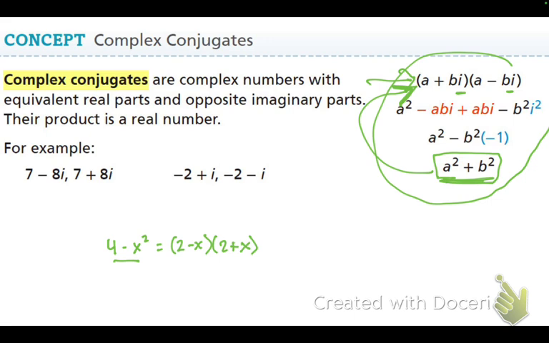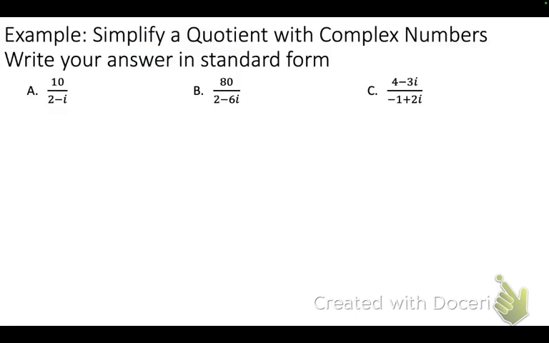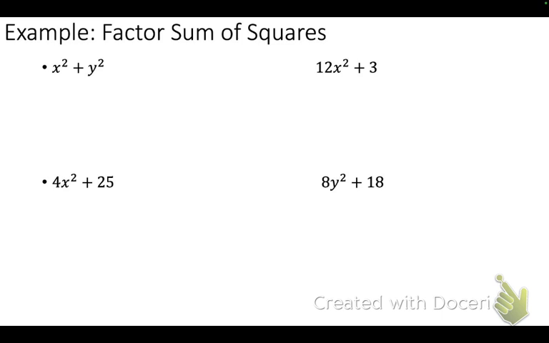Because what is i squared? Negative 1. And you're going to have that negative number times negative 1, so it's going to make it positive. So you're going to get those conjugate pairs, but with imaginary. So if we factor the sum of squares, the pattern is, actually, let's write it out.